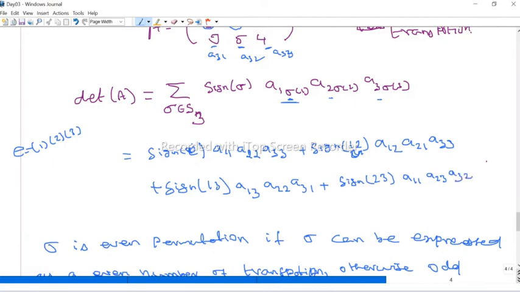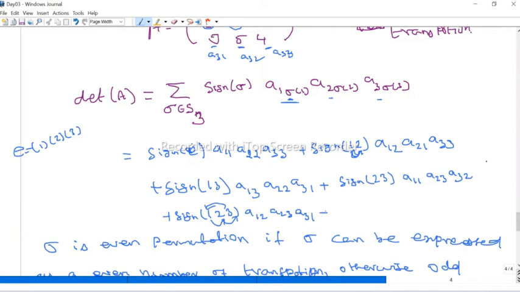Now, what is the next permutation? Sign of the permutation 1 2 3. That means 1 goes to 2, 2 goes to 3, 3 goes to 1. Therefore A1 sigma 1, where sigma 1 is 2, then A2 sigma 2 is 3, and A3 sigma 3, where we finish the cycle, is 1.